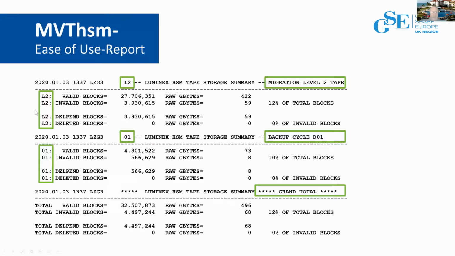Over on the left-hand side, you see we have valid blocks and invalid blocks. Then we come across and it tells you how much in raw gigabytes you're looking at for the valid blocks versus the invalid blocks. And on this report, only about 12% of the blocks would have been invalid. Of those 12%, let's look in a little more detail.